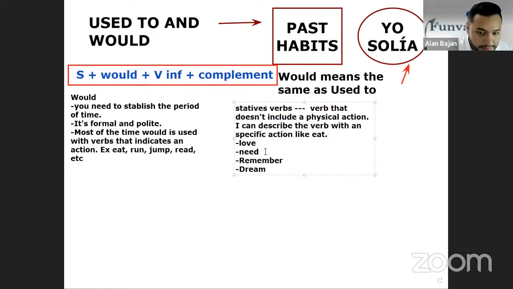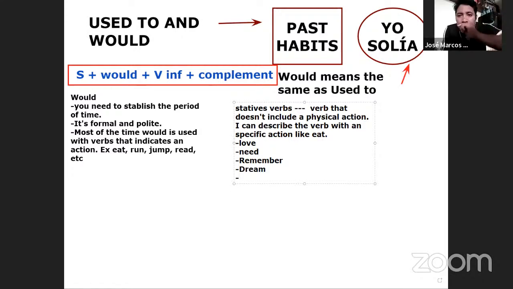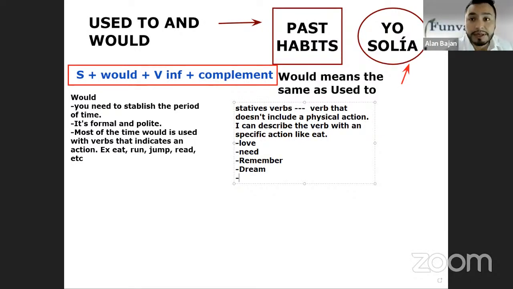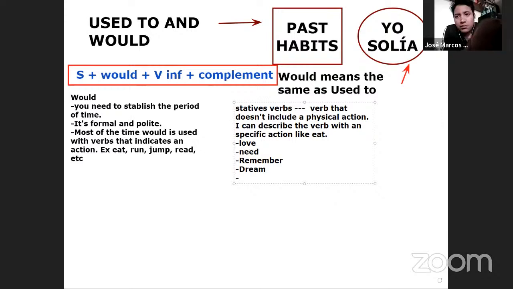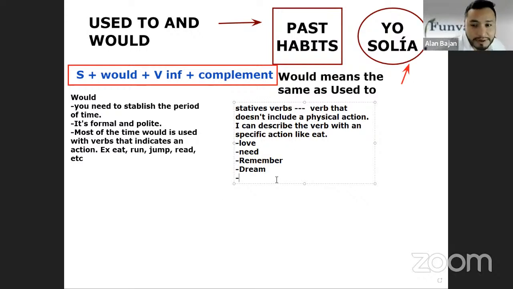Teacher, in this case, sleep no is a verb. No, sleep sí incluye un esfuerzo físico. En sleep, if I say, let's go to sleep, sabemos que vamos a dormir. No hay otra acción en general que describa cómo dormir, porque sí tenemos una. Pero dream. Hey, can you dream this for me? Okay, I don't know how to do it.